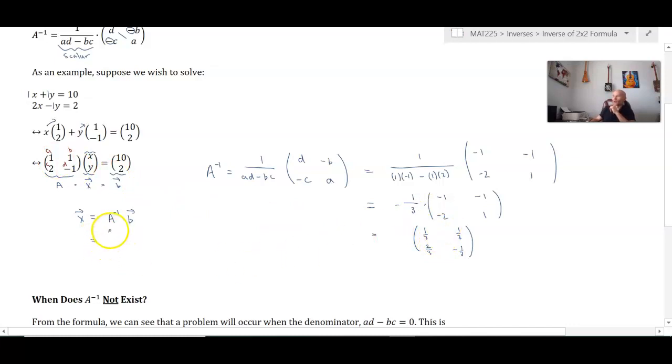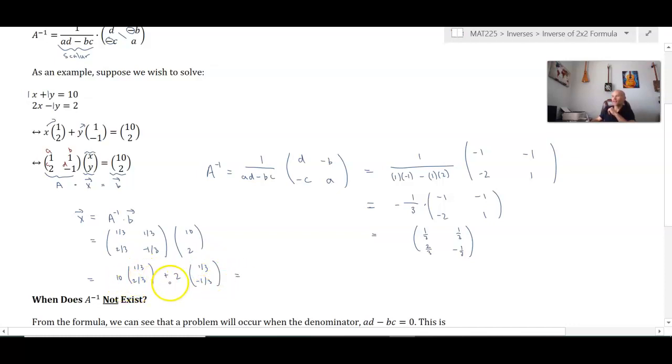Now we need to conduct the multiplication, which we could do using technology, but we'll just go ahead and hand compute this here, since it's a smaller example, and just so we can see that everything does indeed work out. So when we multiply, we have 10 times the vector 1/3, 2/3, plus 2 times the vector 1/3, -1/3.